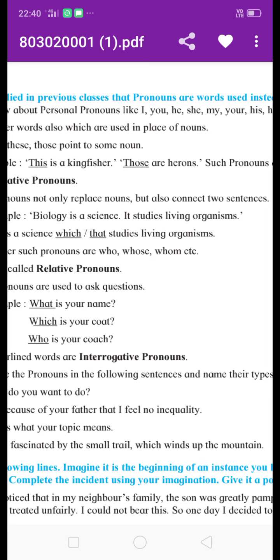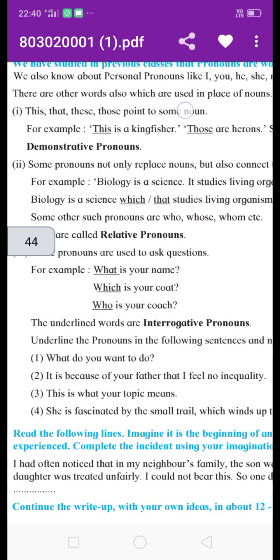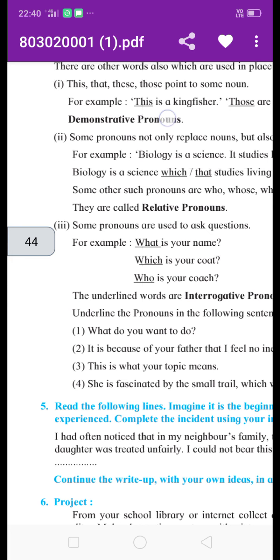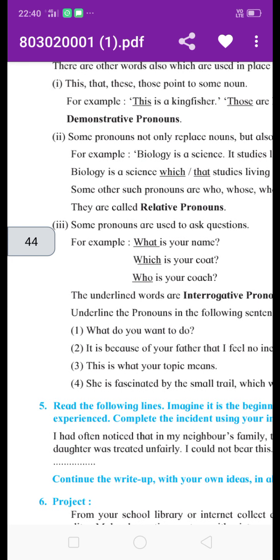Then next is the relative pronoun. Relative pronouns and interrogative pronouns. See first, relative.